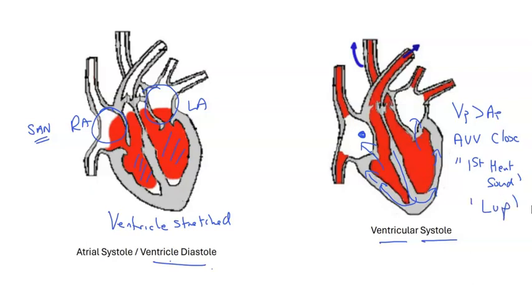At this time, the heart is entirely closed off, and the contraction of the ventricle squeezes a trapped volume of blood within the heart, and the pressure rises radically. This is called isovolumetric contraction.